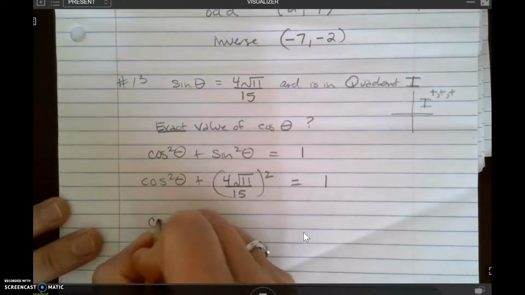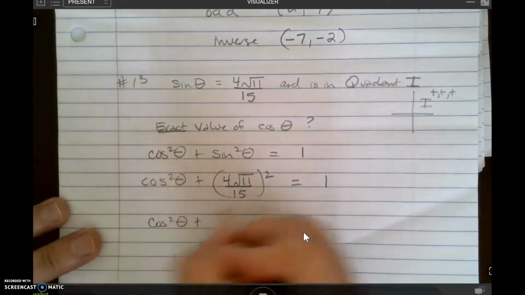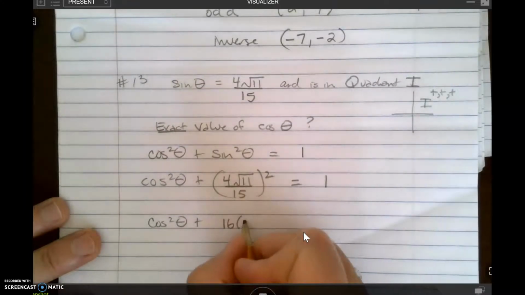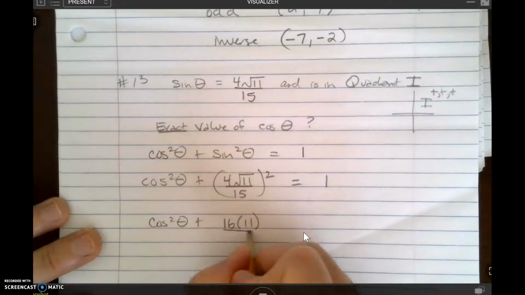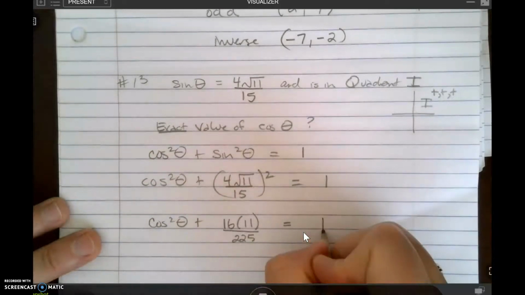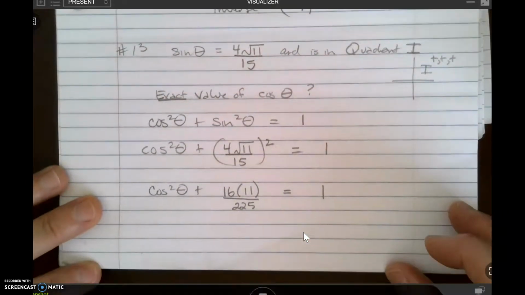So cosine squared of theta plus, when you square 4, you get 16. When you square the square root of 11, you get 11. And when you square 15, you get 225 equals 1. Right, I'm going to keep going here.